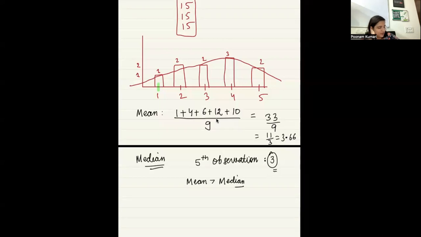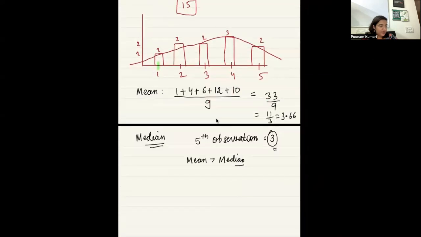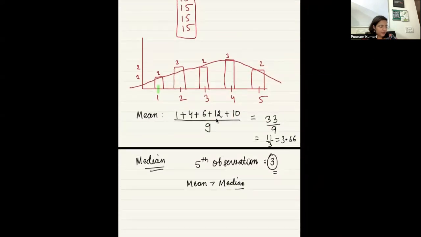And then this is 22, 32 and 33, right? So my mean is greater than median, right? If I would have reversed this situation, then what would have happened? So now try to think about what is going to be the case here?